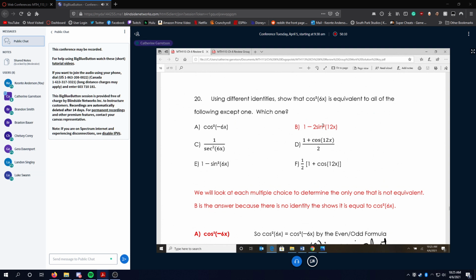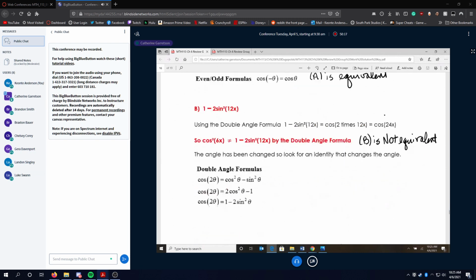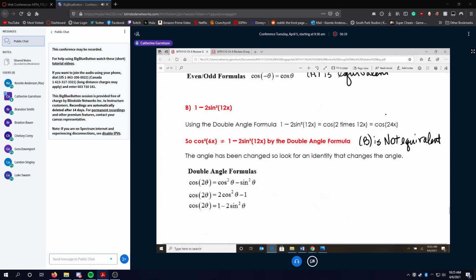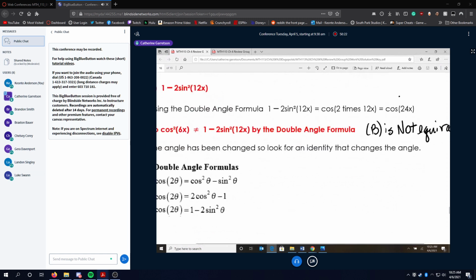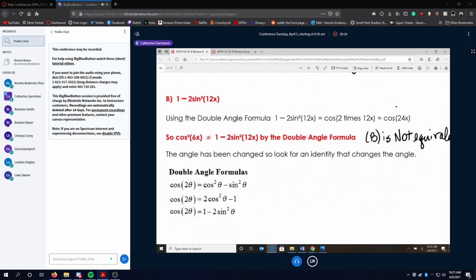Let's look at the double angle. That looked like a double. The more you work with them, the more you recognize what identity it is. The double angle says that if I had a cosine with a double angle, I can replace it with 1 minus 2 sine squared with this angle. So it's right here.